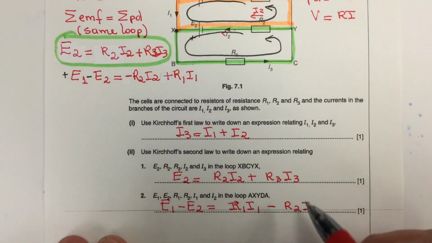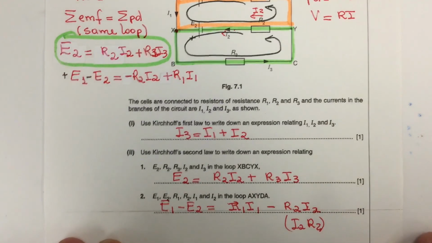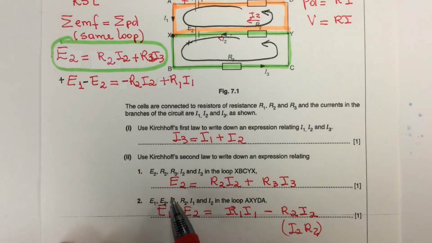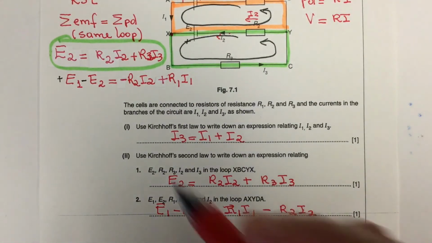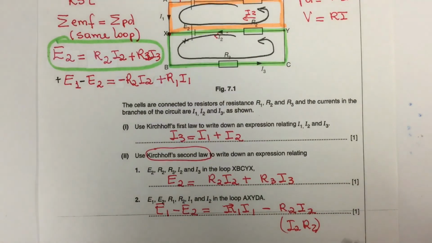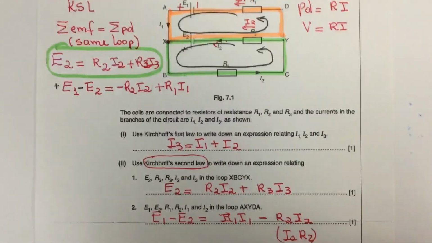You could write I2 R2 instead of R2 I2. It will not matter, it is optional. So that is the expression that, using Kirchhoff's second law, we can combine all the components of the circuit.